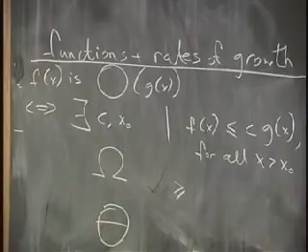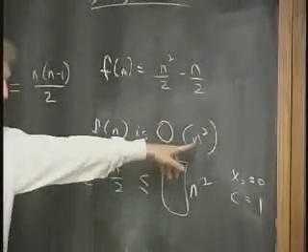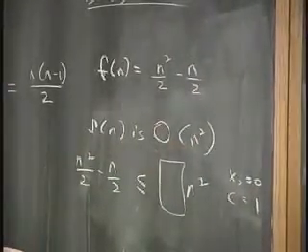So let me convince you now that this one is not only big O of n squared, but it's also omega of n squared.